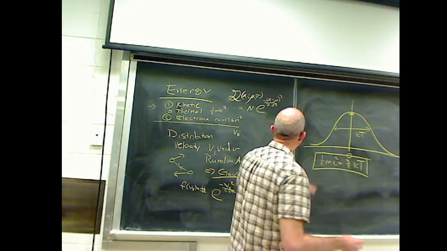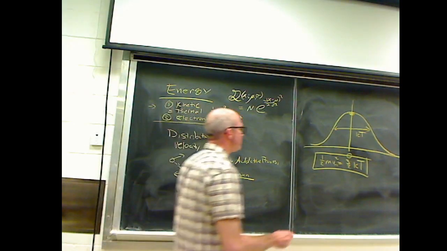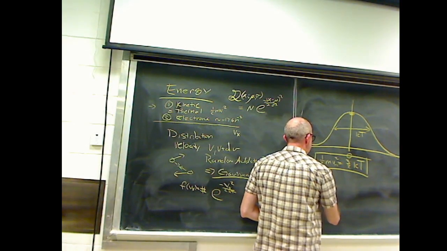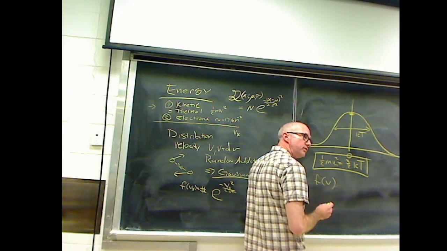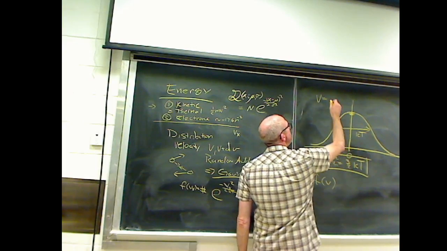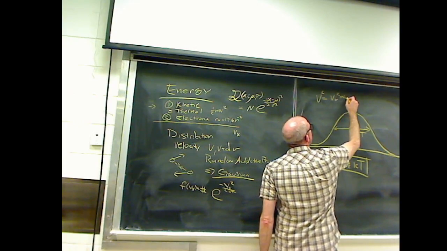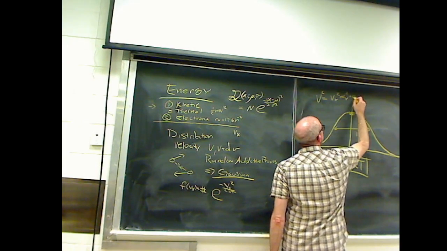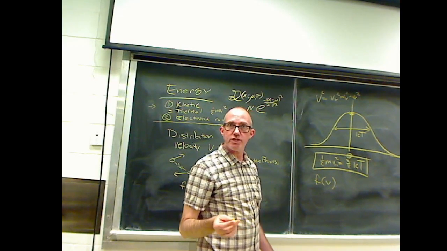Now when I take 3 Gaussians, if I want the distribution of the total magnitude, how does V, the total magnitude, relate to my 3 components? V squared is Vx squared plus Vy squared plus Vz squared. That's just the vector norm.